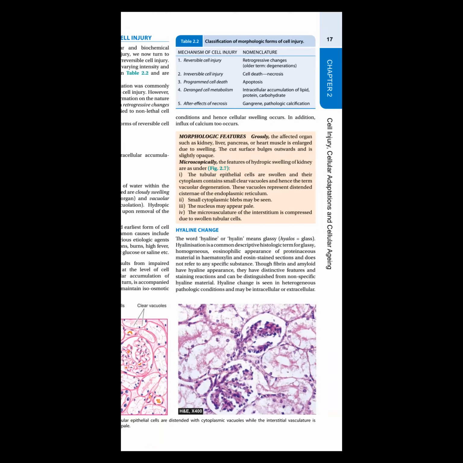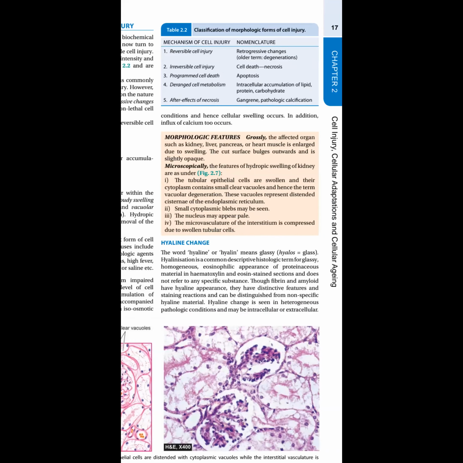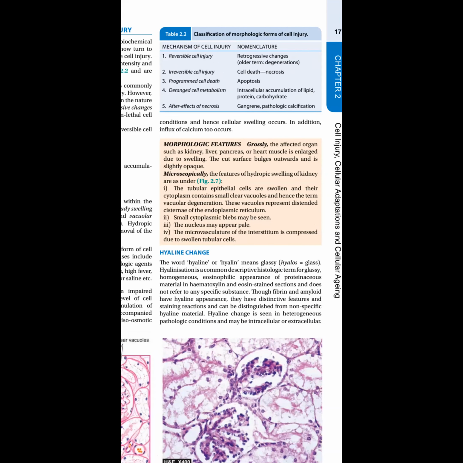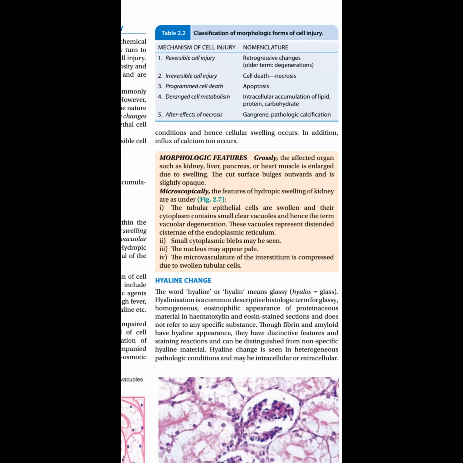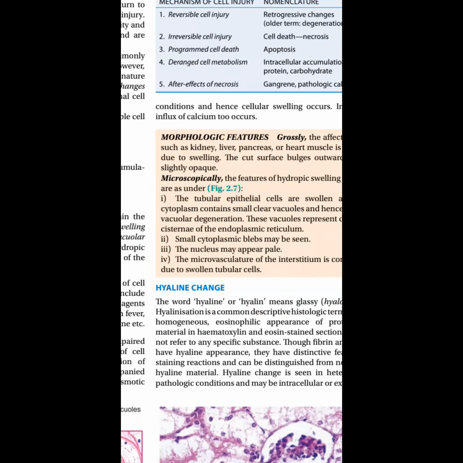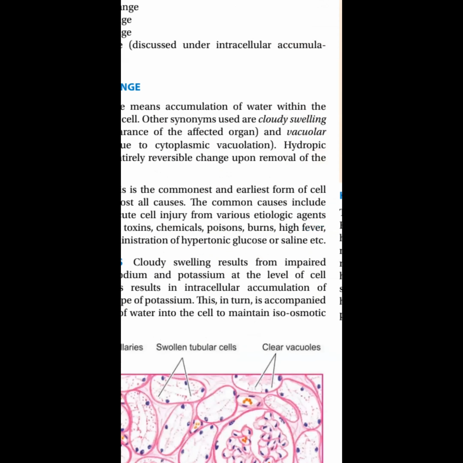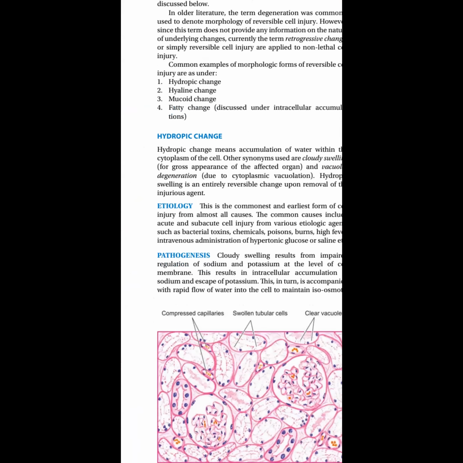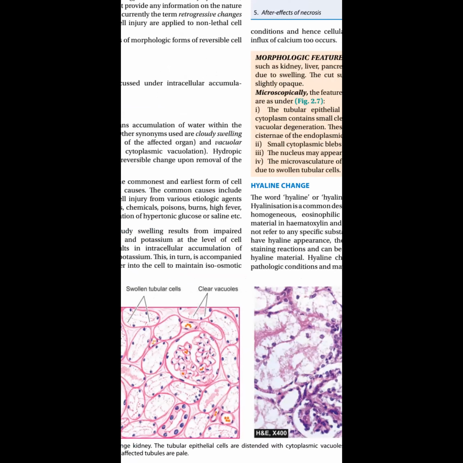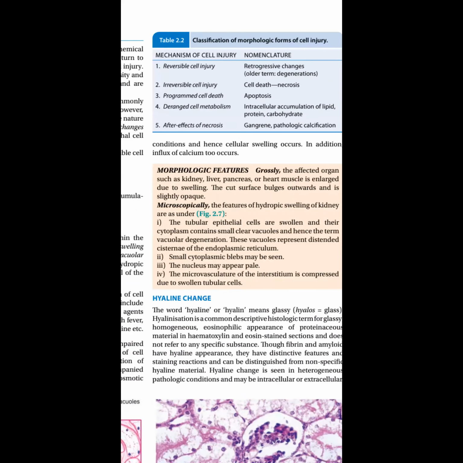It will be: give the classification of morphological form. If I ask you morphologically, you have to give these five. You don't have to give any explanation of the hydropic changes or anything. You just have to make this table if I ask for 5 marks.